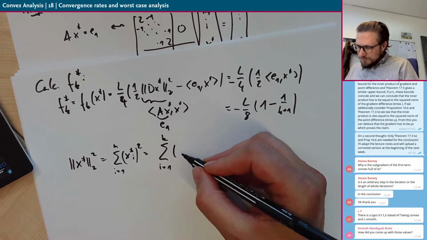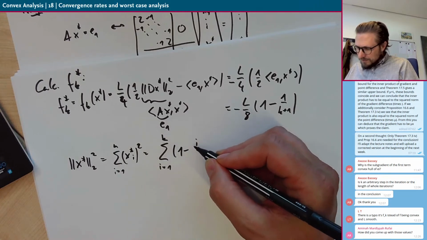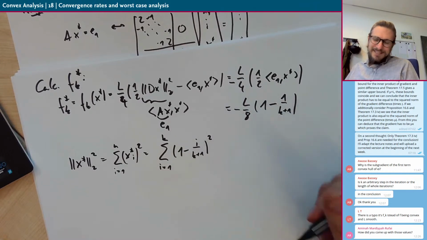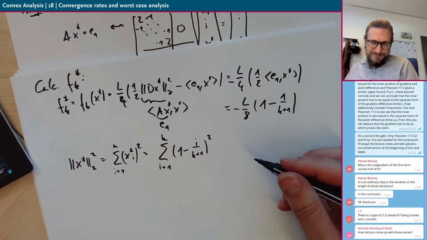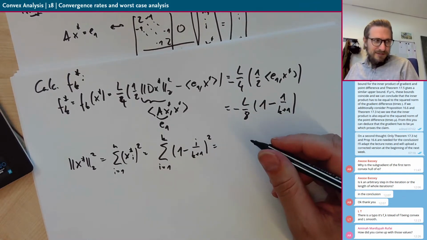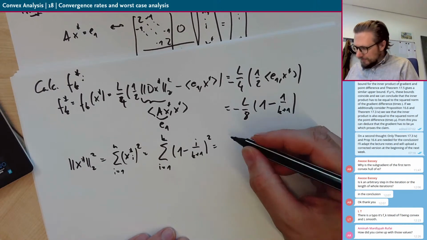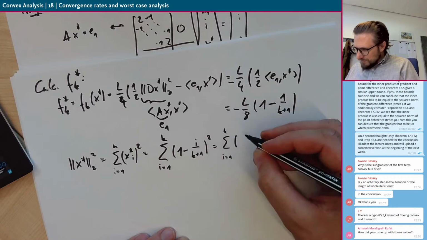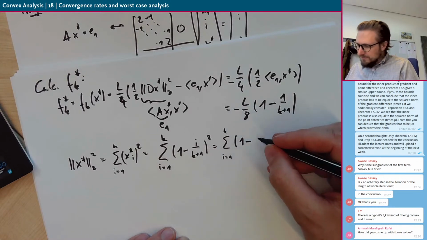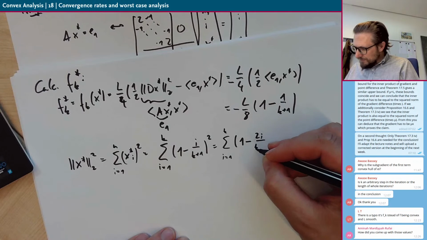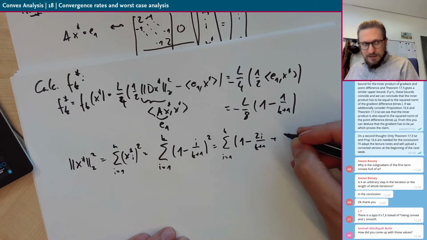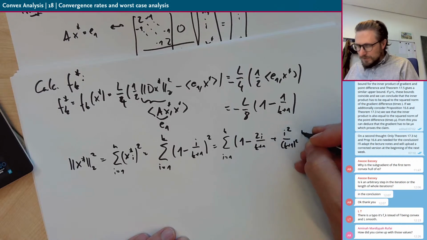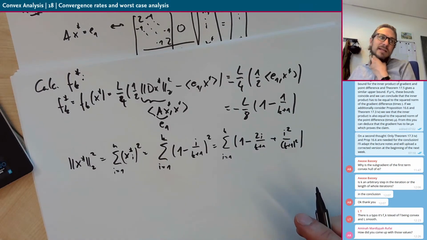And the entry here is (1 minus i over k plus 1) squared. And now it's evaluating this sum. Actually, it can be evaluated exactly. So how do we do that? We do that by expanding the square. It's 1 minus 2i over k plus 1 plus i squared over (k plus 1) squared. So it's just expanding the square.